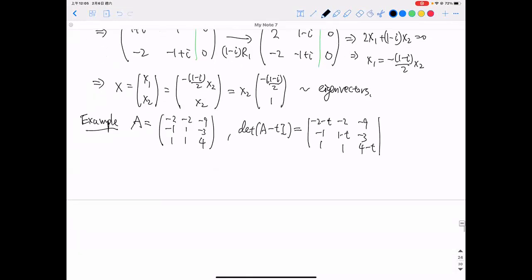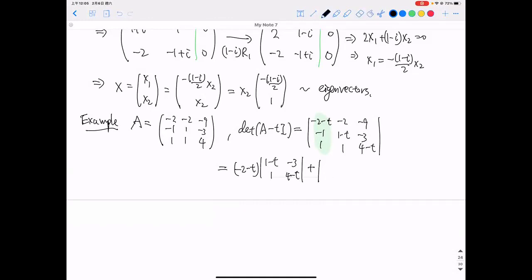Don't seem to have any better way to go forward, so we will expand it on the first column. So minus 2 minus t, 1 minus t, 1 minus 3, 4 minus t, minus 1, so it's a plus 1 minus t, 1, no, wrong.